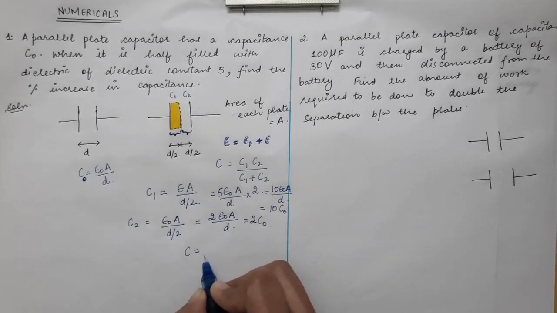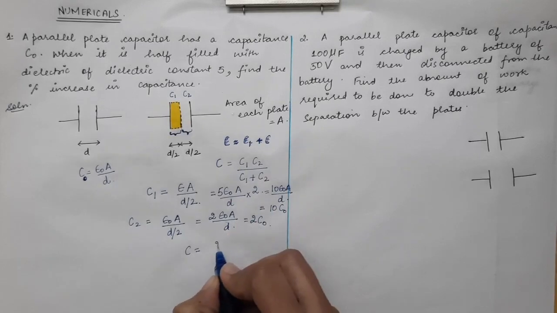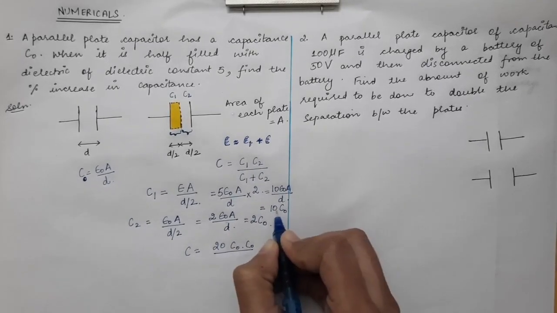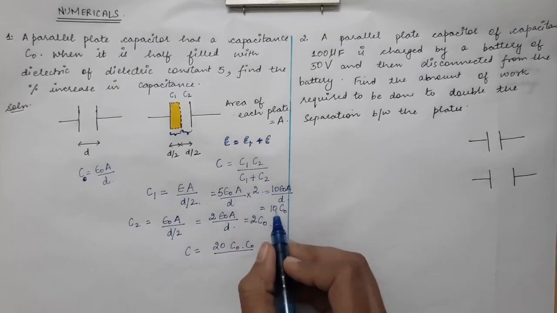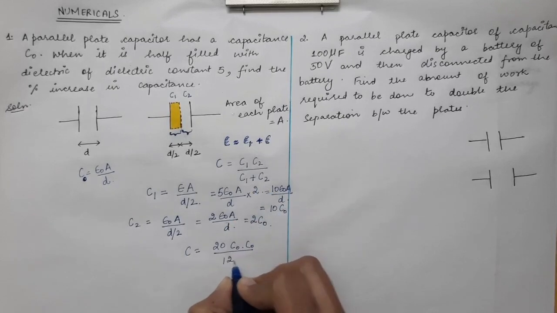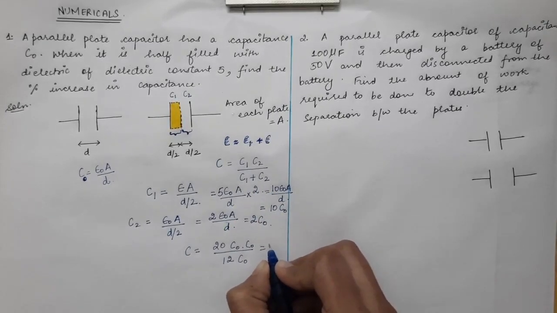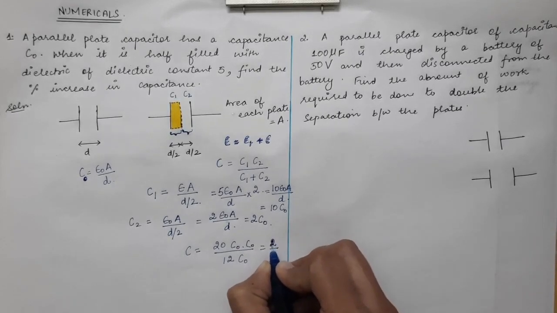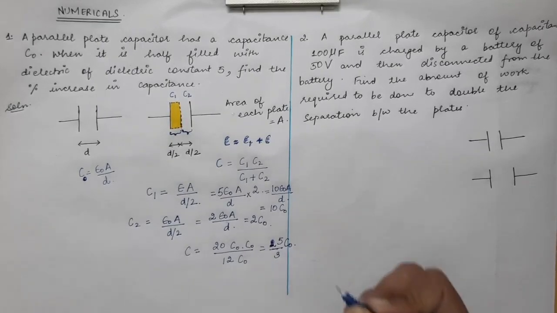So now the total capacitance will be equal to C1 into C2. So C1 into C2 will be 20 C0 into C0 over 10 C0 plus 2 C0, because we have C1 plus C2. So C1 plus C2 will be 12 C0, and that will be equal to 5 divided by 3 into C0.